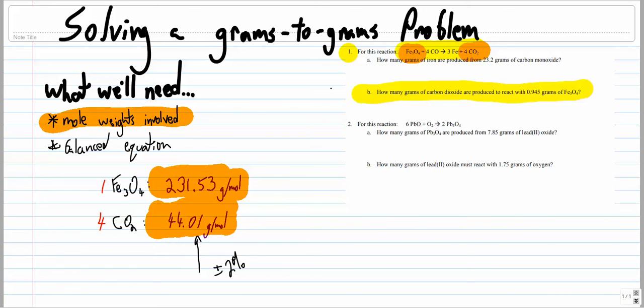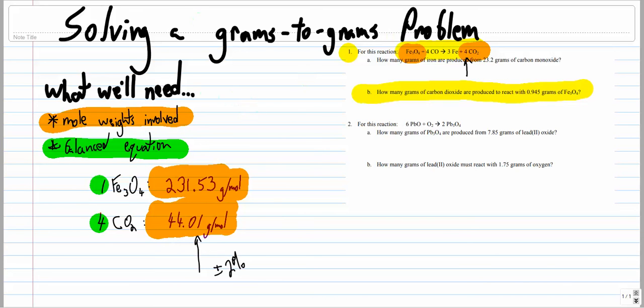What else do you need? We need to pay attention to the balanced equation, and we've got no coefficient in front of this iron-oxygen compound, so that means it's just a 1. And in front of the carbon dioxide, we have a 4. So the equation has to be balanced.